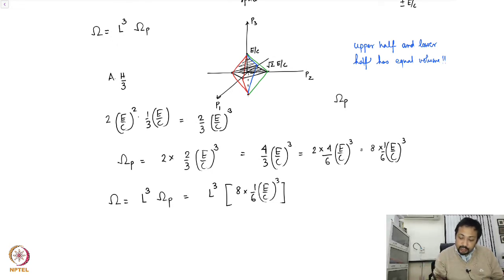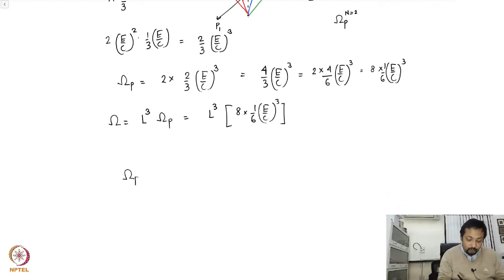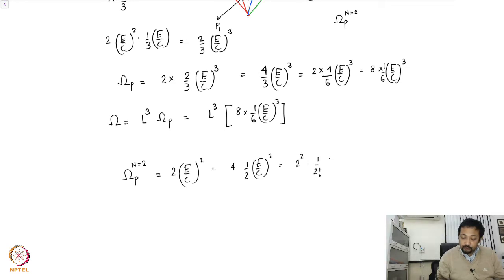So when we had omega P for n equal to 2, we had 2 times (E over c) whole squared, which we could have written as 4 times (half E by c) whole squared, and that is 2 squared times 1 over 2 factorial times (E by c) whole squared.